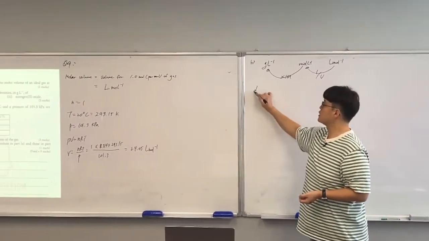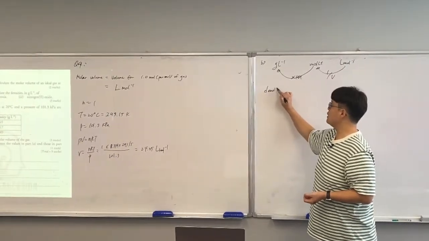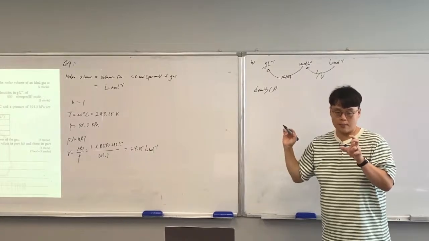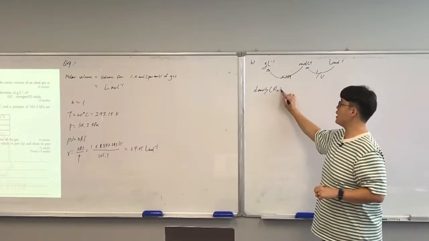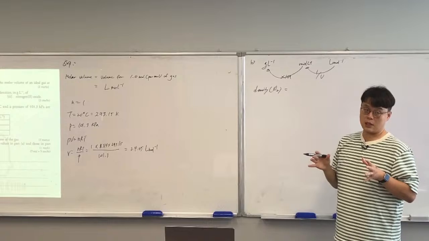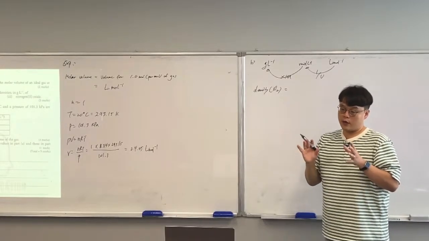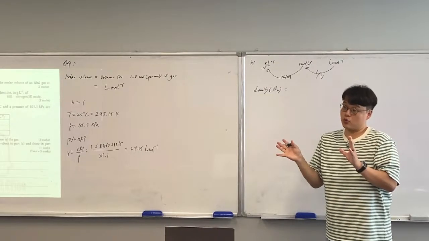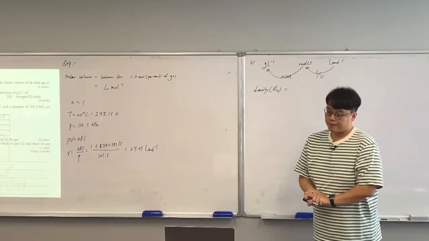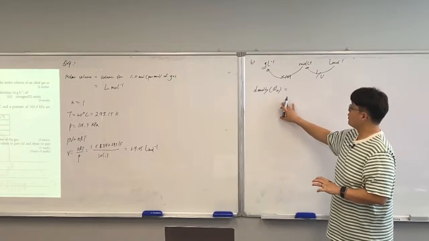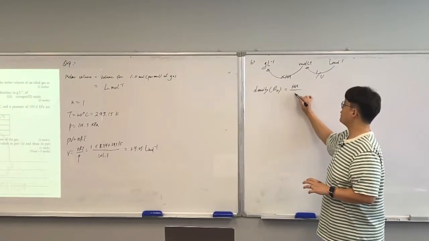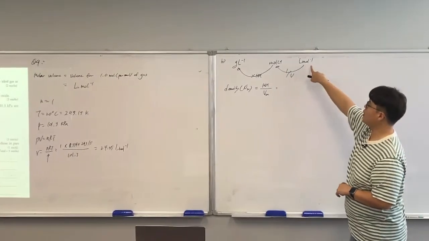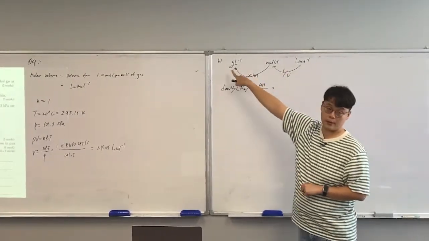So can we say the density then? Density of the nitrogen. Remember that nitrogen doesn't come in monoatomic form, it always comes as N2, always in diatomic form. Even though they don't really say nitrogen gas, it basically comes in diatomic. That's something we learned in module 1. Then we may consider that it's got to be the molar mass divided by the molar volume, from the unit conversion of liter per mole into gram per liter.